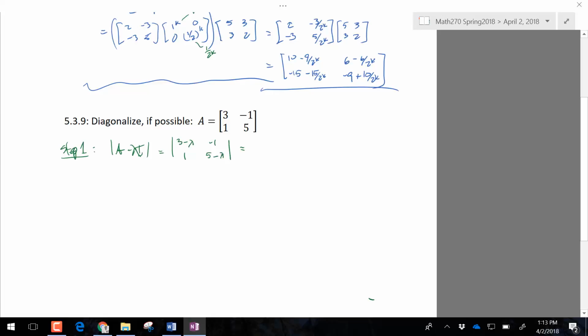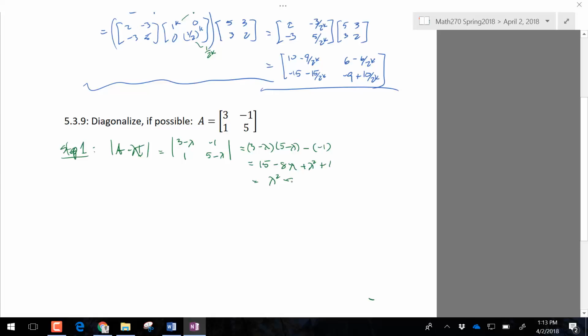So the determinant of this is 3 minus lambda times 5 minus lambda, minus 1 times negative 1. So what do we have here? This is 15 minus 8 lambda plus lambda squared plus 1. Let's try that again.